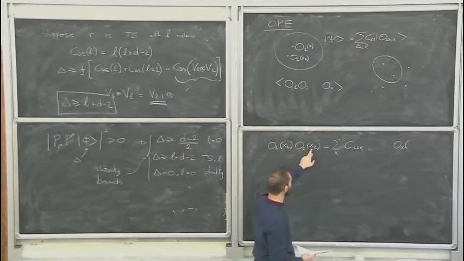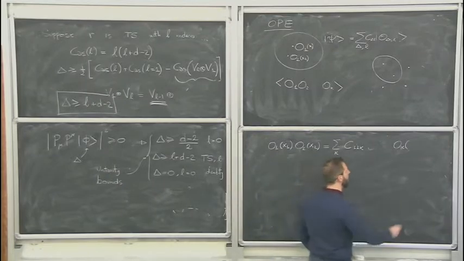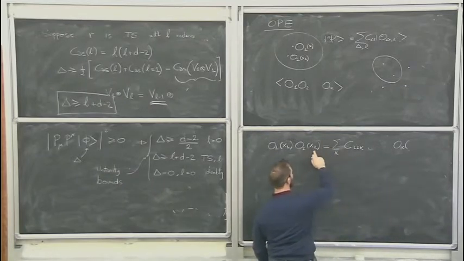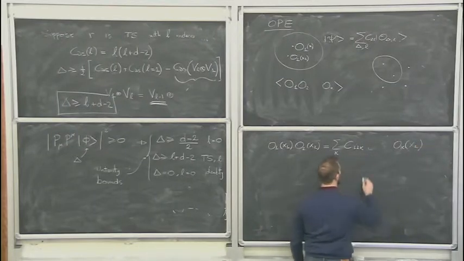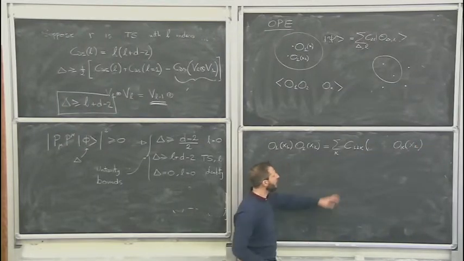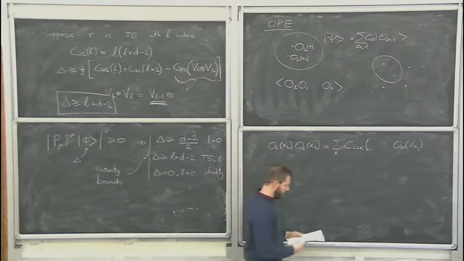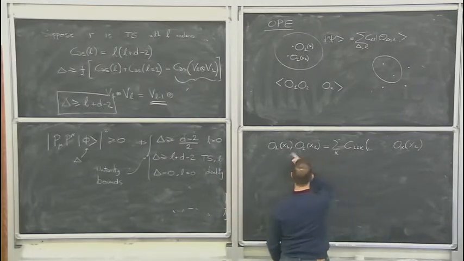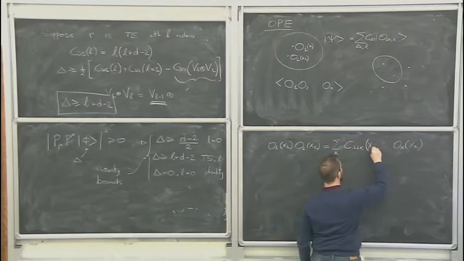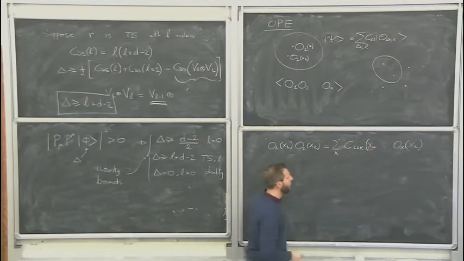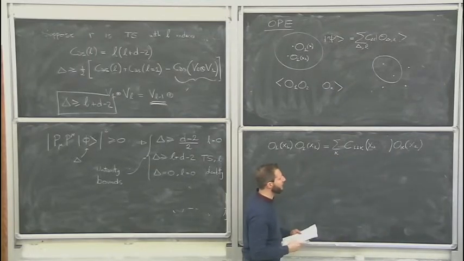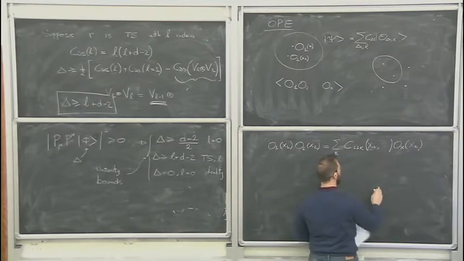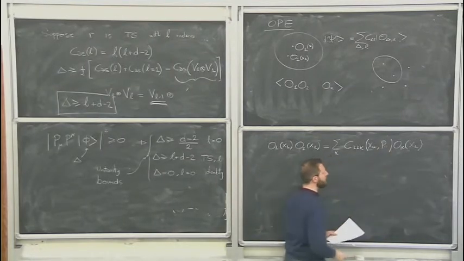I can choose, for instance, to quantize around x2. I can take a sphere which is centered around x2. This is just a choice. And then this coefficient here must encode, first of all, the dependence on x12, which is the radius. And also, of course, I don't expect to have only a sum over primaries, but I also expect to have descendants. So generically, this can depend also on derivatives.